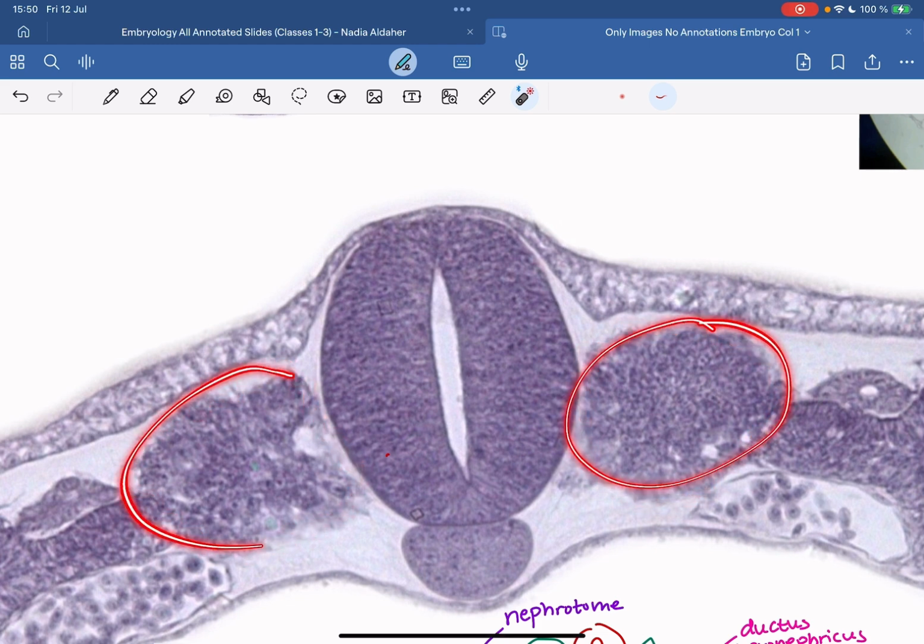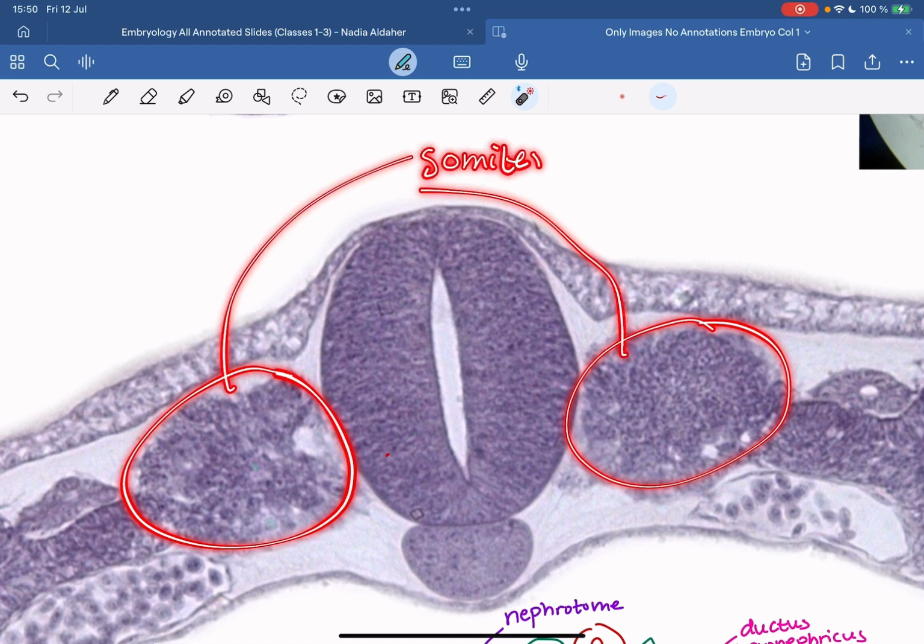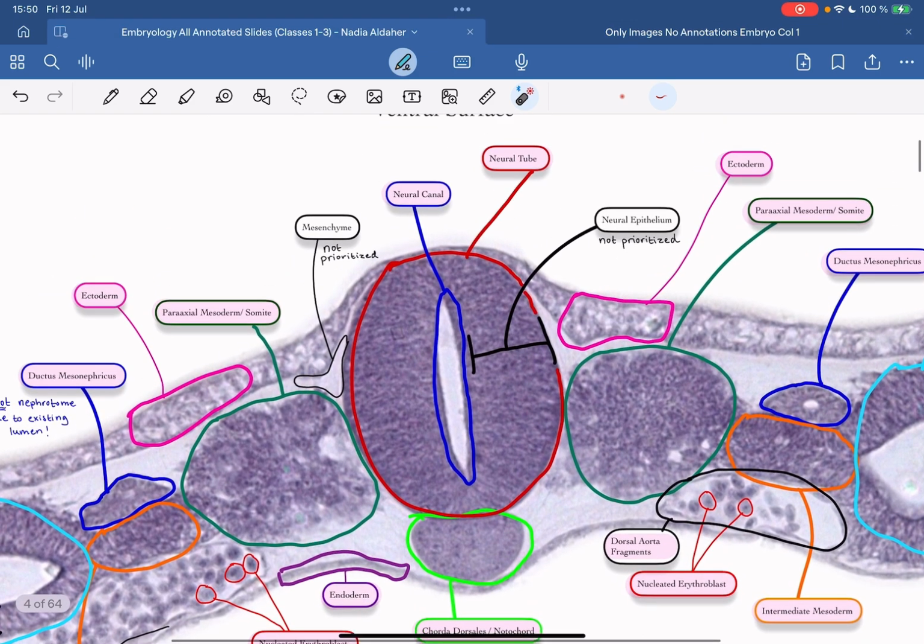These are called somites, which is the easier name for them, but they're also called the paraxial mesoderm. Most people go with somites, so you can see them here as well. Paraxial mesoderm on either side, aka somites.